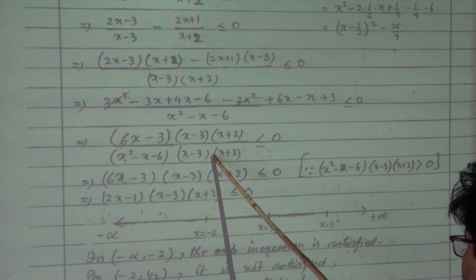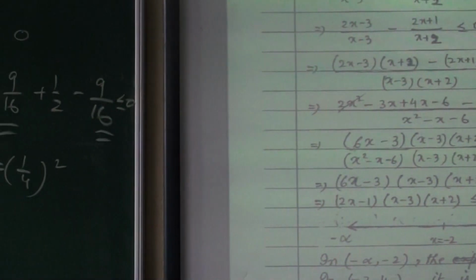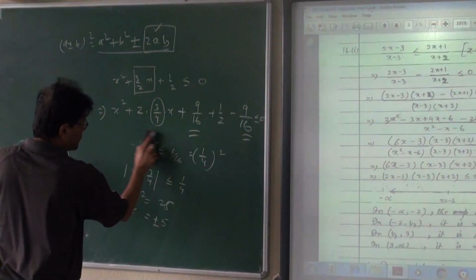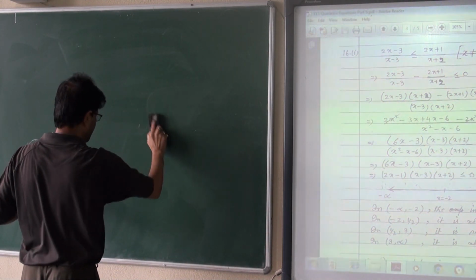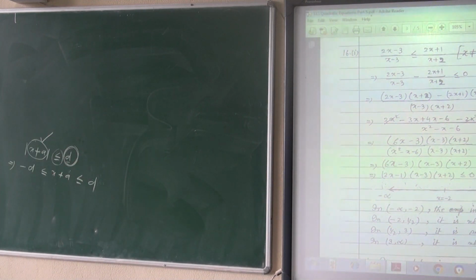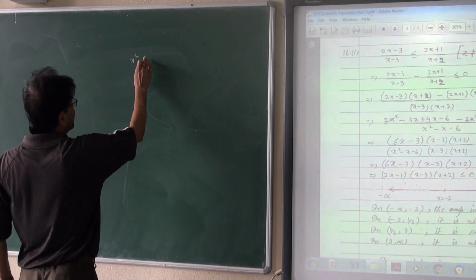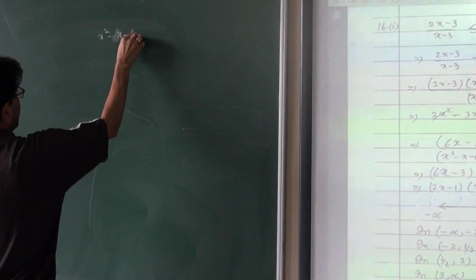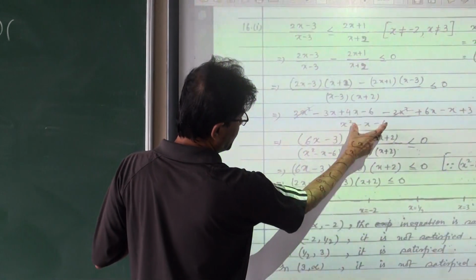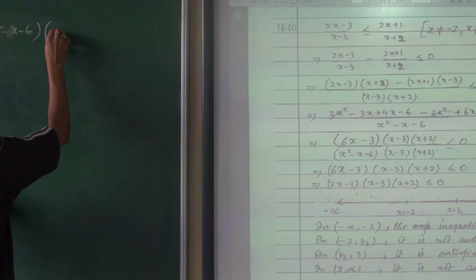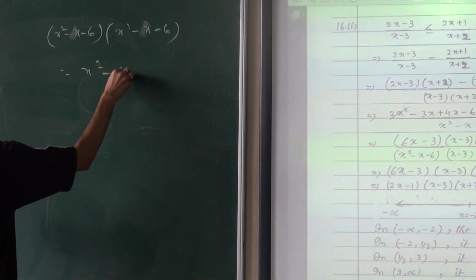This into this is coming whole square. This product is actually this, so that is also x square minus x minus 6. So I am getting (x square minus x minus 6) whole square.